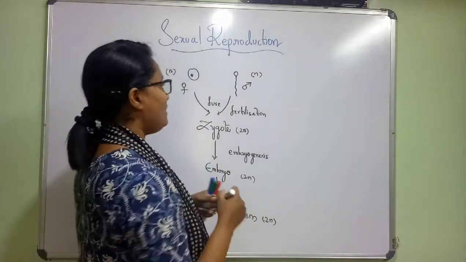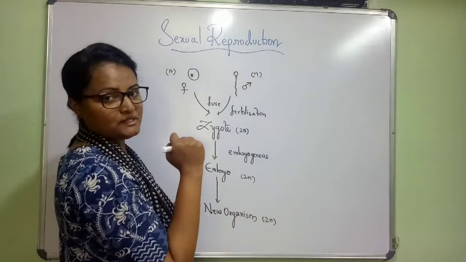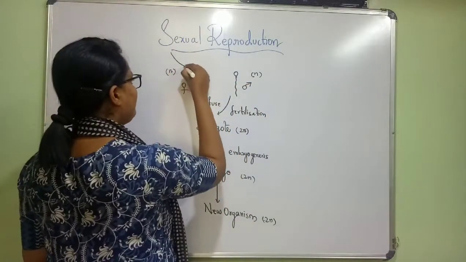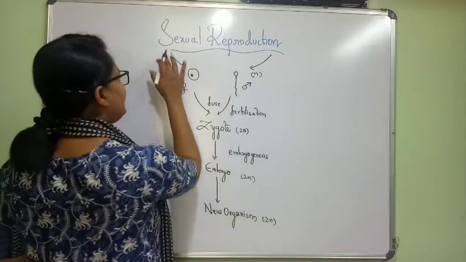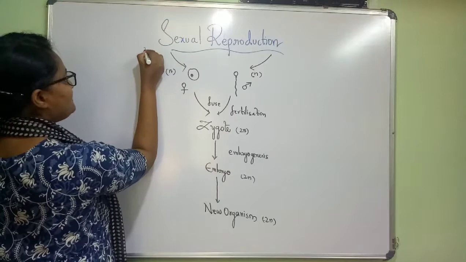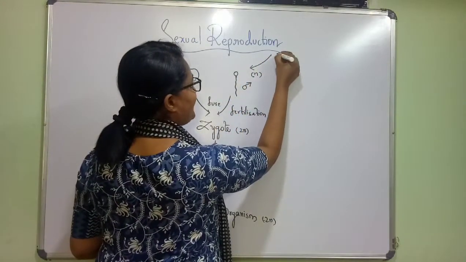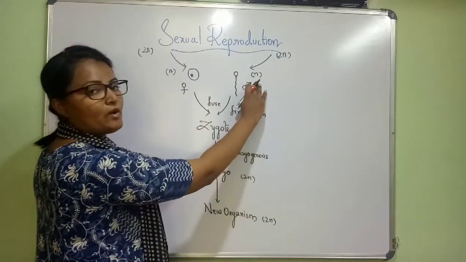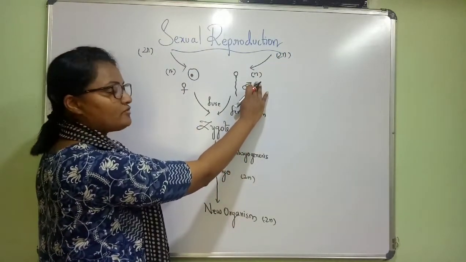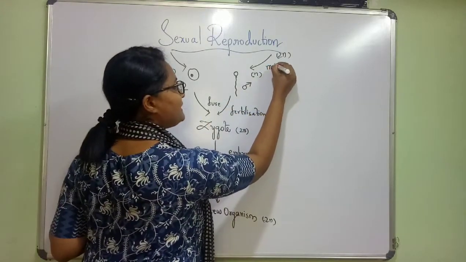During the formation of gametes, they should be formed by the female individual and the male individual. We know the female individual is always diploid, and the male individual is always diploid. To form the haploid set of chromosomes in gametes, they undergo what kind of cell division?